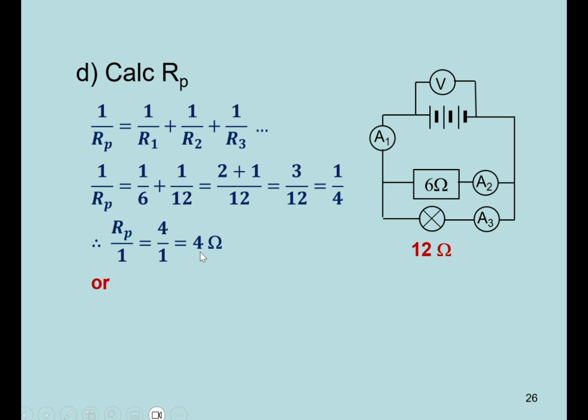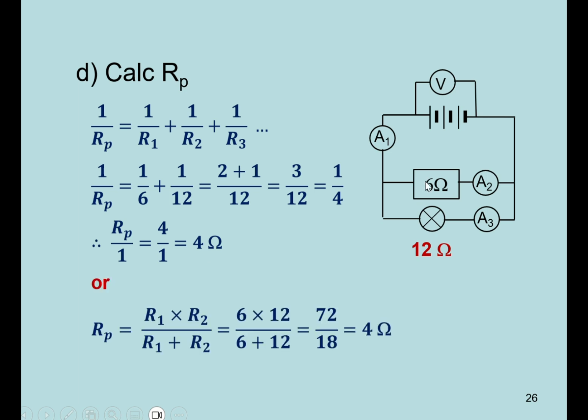Some people prefer, and it only works if you have 2, as in this case, the product of the 2 resistors over the sum. And 6 times 12 is 72, and 6 plus 12 is 18, and when you divide that, it also gives you 4 ohms. And that's it so far.